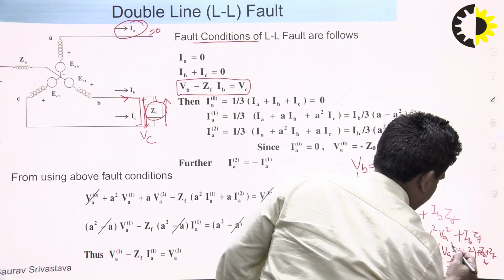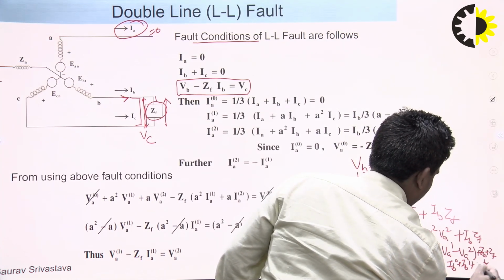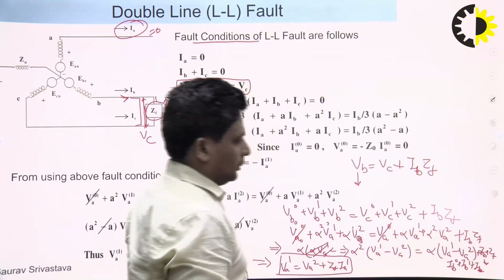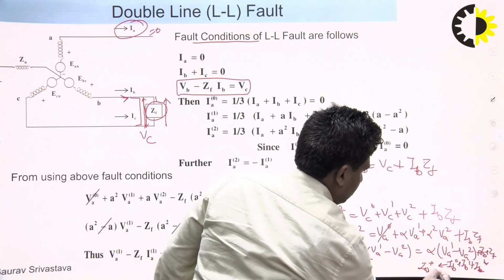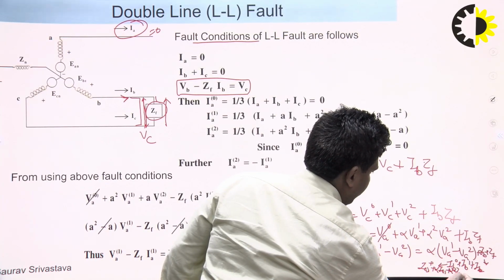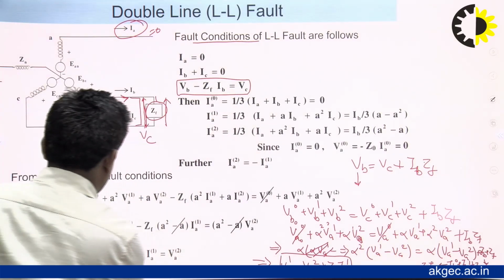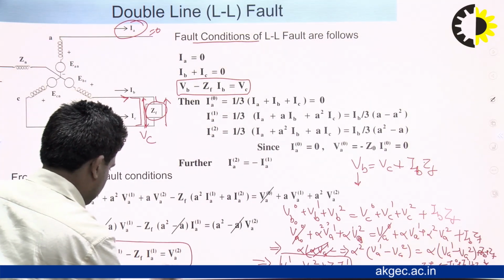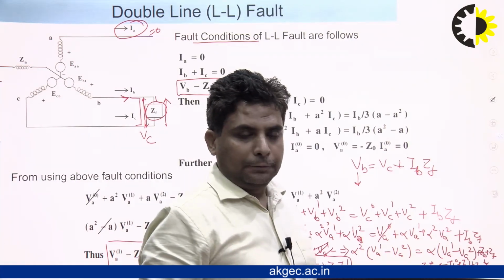That is the value of IB, IB0 plus IB1 plus IB2. Clear? So just put this value, so again that is IA0 plus alpha IA1 plus alpha square IA2. So we can calculate it and find the final expression like this. Clear?